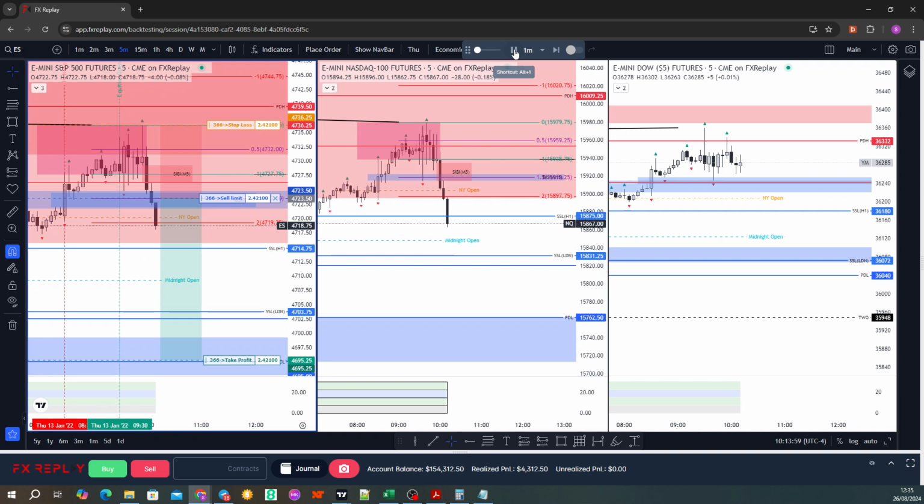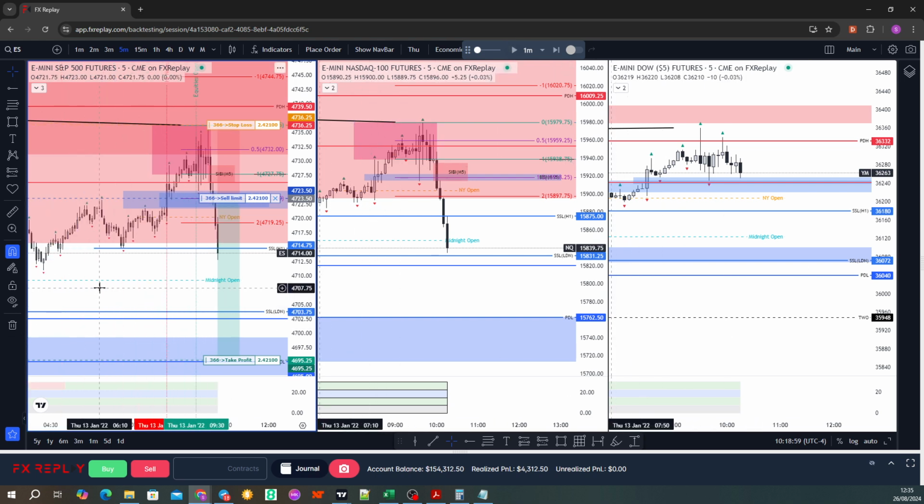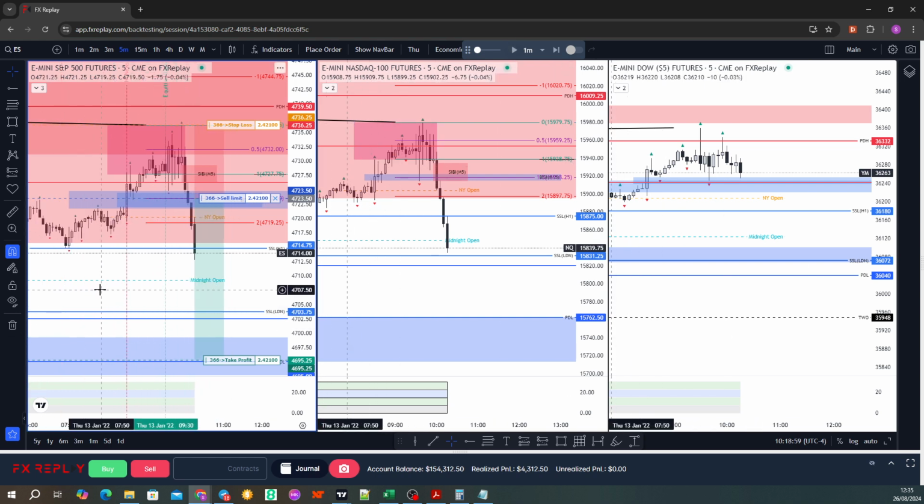If it purges the H1, yeah, that to me now is very much looking like a missed opportunity.